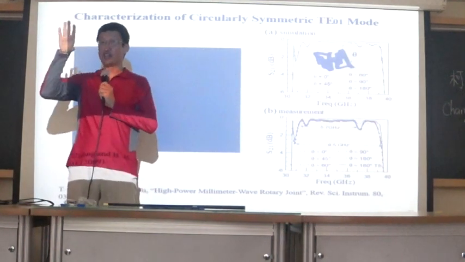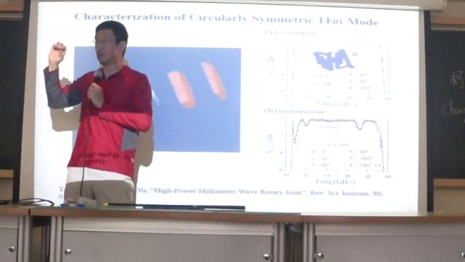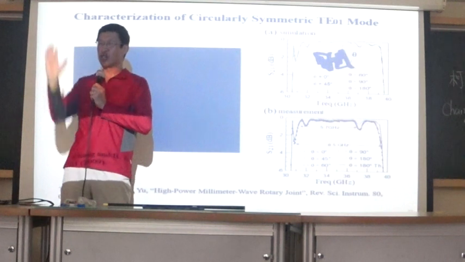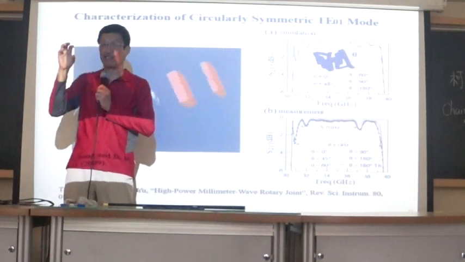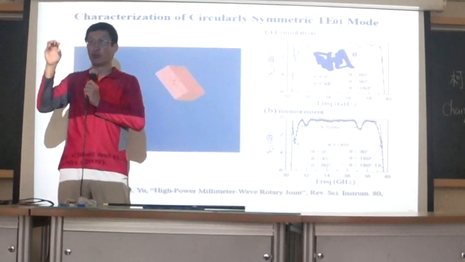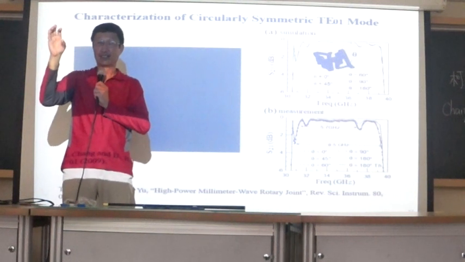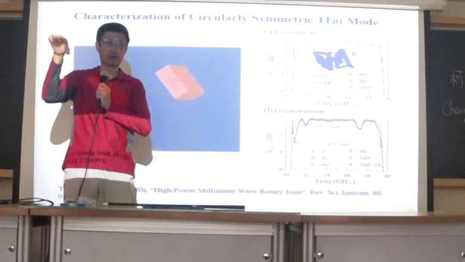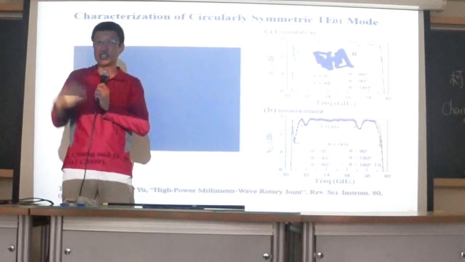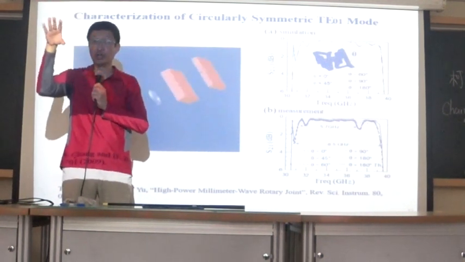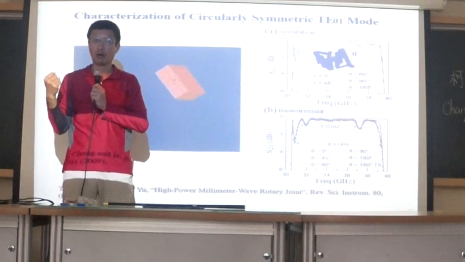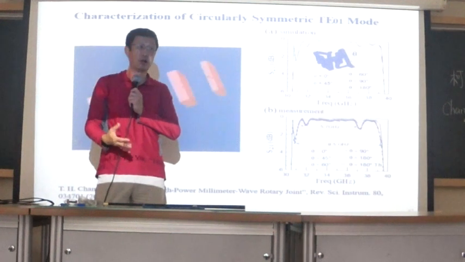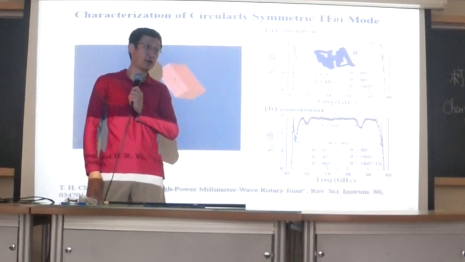One is radiation, one is transmission, the other is receiving, and then we lock. We can design a multi-channel rotary joint. Based on this idea, we can derive the waveguide modes for many, many applications.